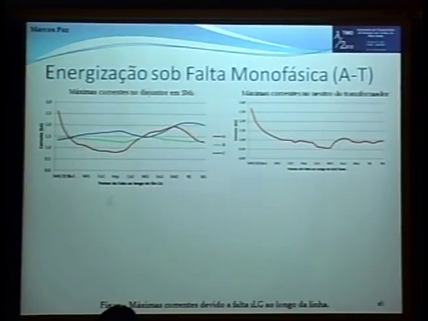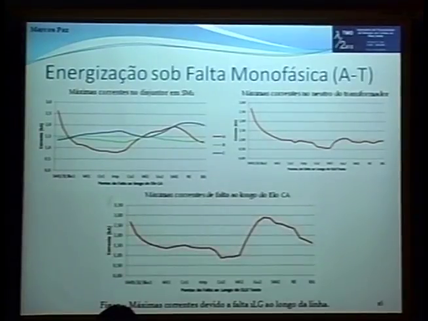This would be the current in the transformer that was also monitored. It starts very high for the faults near the terminal, and it goes down as the fault moves in the line. And finally, this graph represents the fault monitored, the fault current.